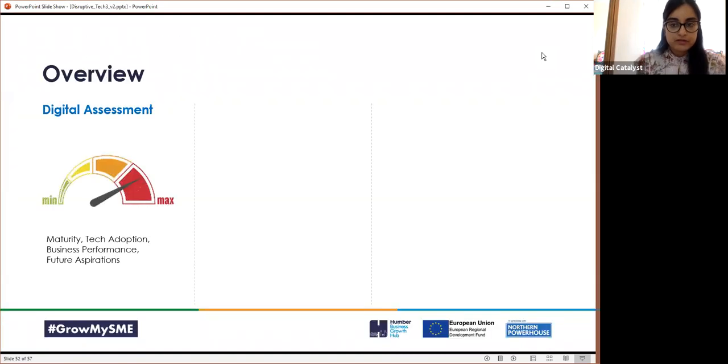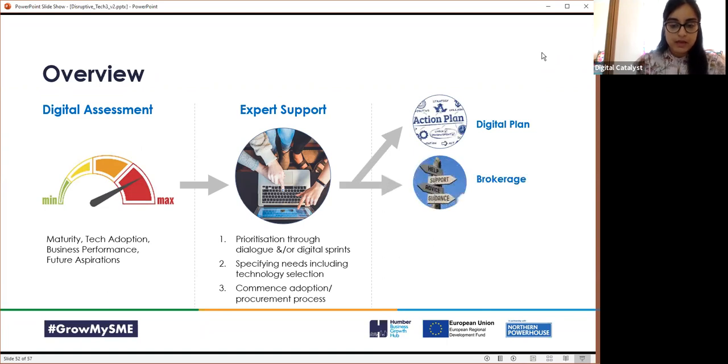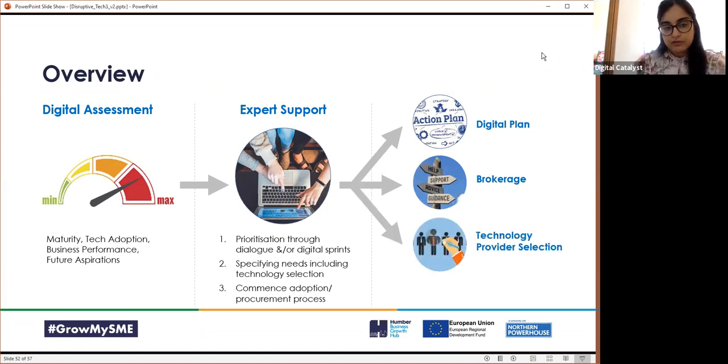The other support program to mention is called Digital Catalyst. It's another support program under the Grow My SME banner and funded by Humber Business Growth Hub and ERDF. Through that program, you can receive 12 hours of support with an expert on pretty much any digital topic that's of interest to you or you think you need support on.